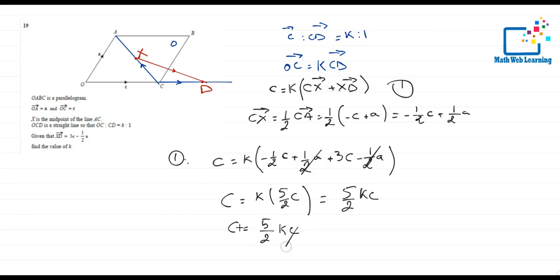So you have, I'm going to write it down here, 1 equals 5 over 2 k. Basically, to work out k, you take the reciprocal of this. So it's going to be 2 over 5, and that is your value of k.